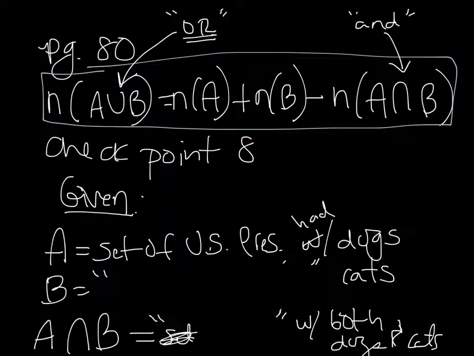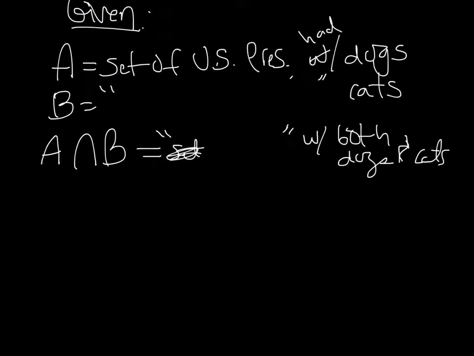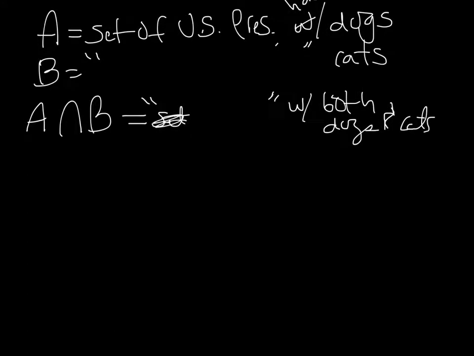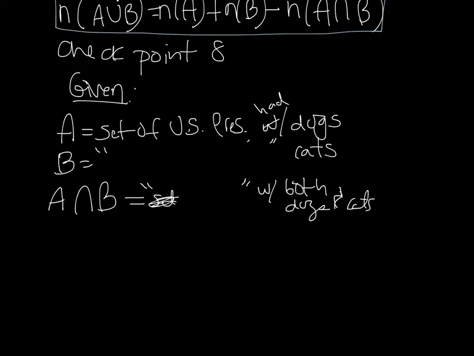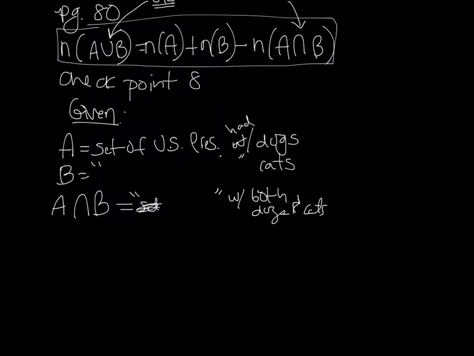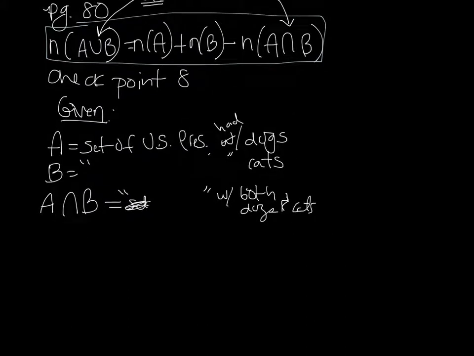Okay, so let's go back down, and if we use the formula, actually, I did want to write something else right here. Okay, so this is set A, so then what's n of A?